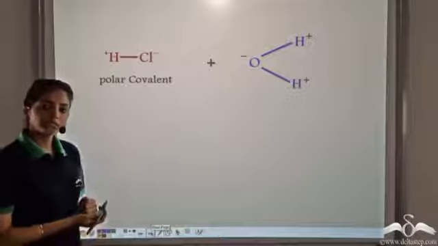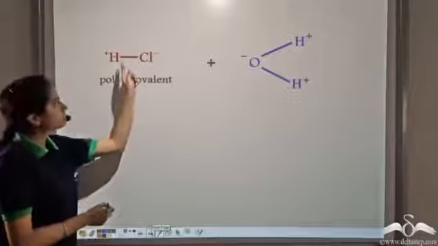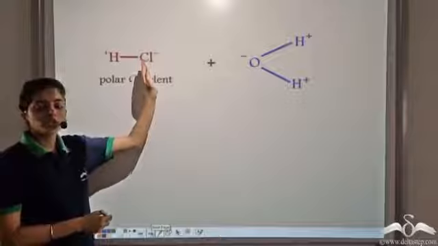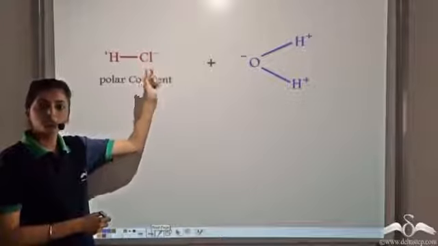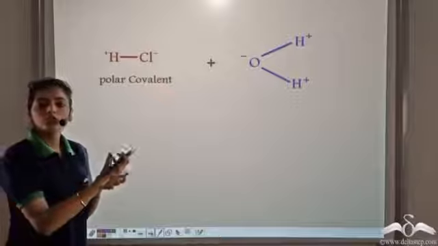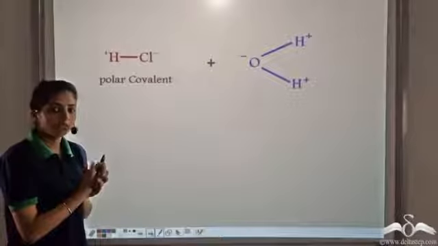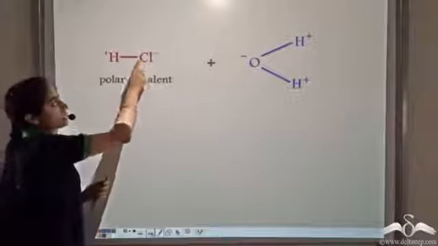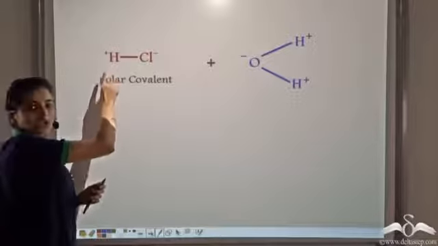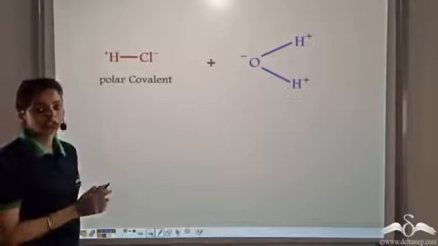Let's take HCl. In HCl, the shared pair of electrons is slightly more attracted towards the chlorine atom. This is because the chlorine atom has greater electronegativity, so it tends to attract the shared pair of electrons. That is why the chlorine atom gets slightly negatively charged and the hydrogen atom becomes slightly positively charged.